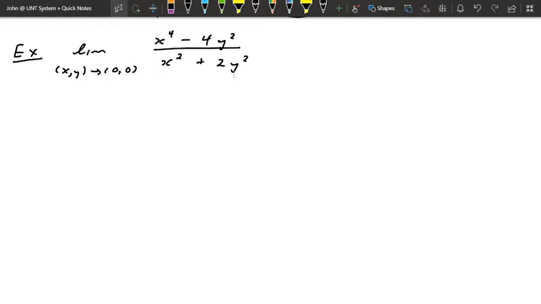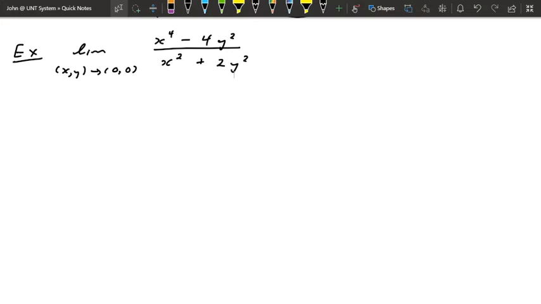A little bit more generally, you could consider paths approaching your point along straight lines, because straight lines are easy to express, like say y is equal to 2x, for example. So my suggestion for doing these kinds of problems is to try a couple of different pairs of lines approaching your point, starting with the x and the y axes, then the lines y equals x, y equals minus x.